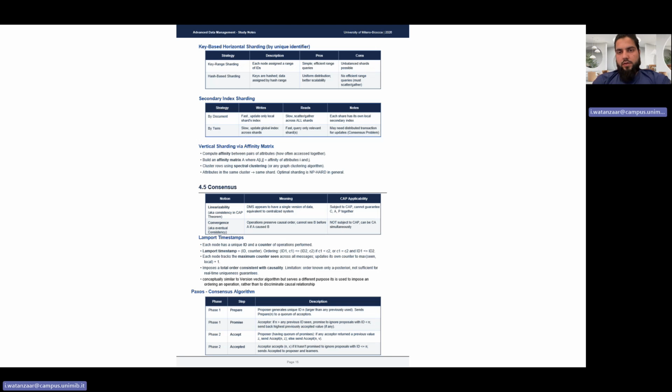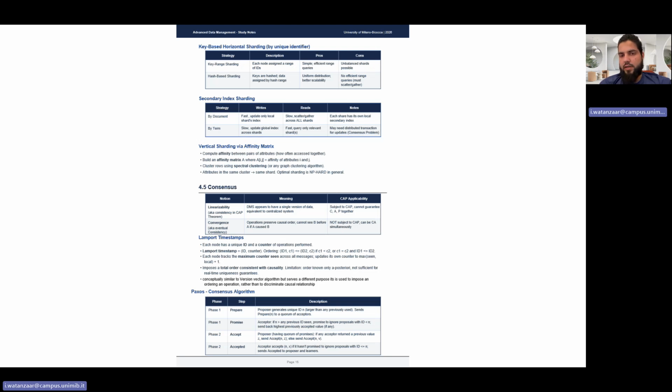In key-based horizontal sharding, we shard the data horizontally by a unique identifier. In key range sharding, each node is assigned a range of IDs. The benefits are that it is simple with efficient range queries, but the con is the possibility of unbalanced shards.